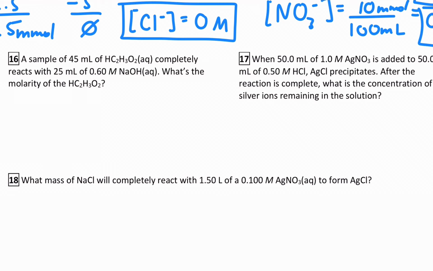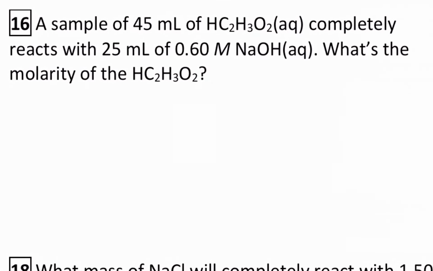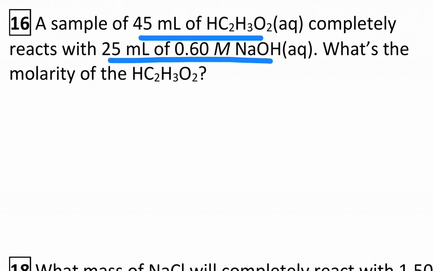Okay, for 16, it says we've got a volume of acetic acid, and we react it with a volume of some molarity of base. What's the molarity of the acetic acid?